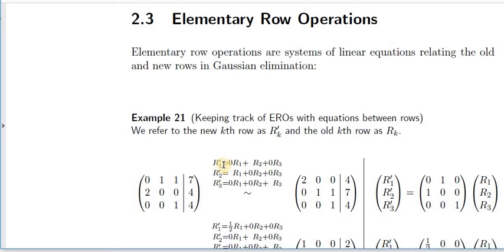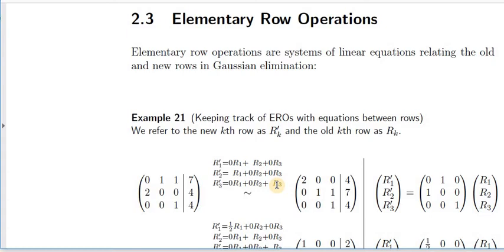So that's expressing the fact that R1 prime is actually equal to R2. The reason I do this is because we'll see later. All right? So what about R2 prime? Well, R2 prime is actually the original R1. I can write that as R1 plus 0R2 plus 0R3. And the final R3 prime, the new R3, is the same as R3. So I can write R3 prime as 0R1 plus 0R2 plus R3.